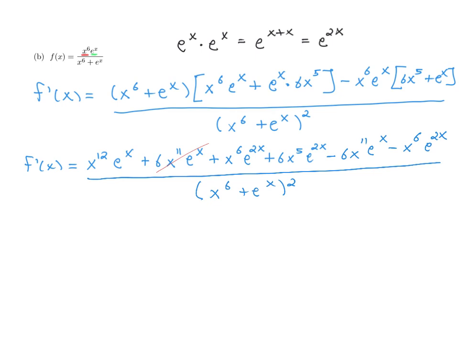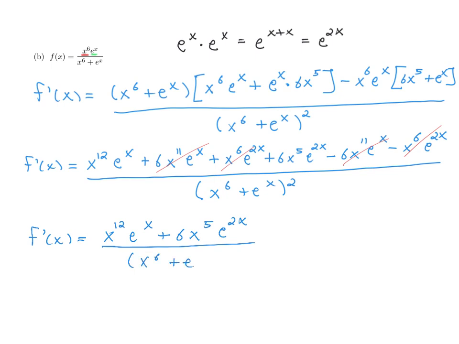This is the opposite of that, so those will cancel. Oh, we have this, which will cancel with this. And the only thing left over is this term and this term, which have common factors. So let's see what that is. f prime of x is x to the 12th e to the x plus 6x to the 5th e to the 2x, all over x to the 6th plus e to the x, squared.